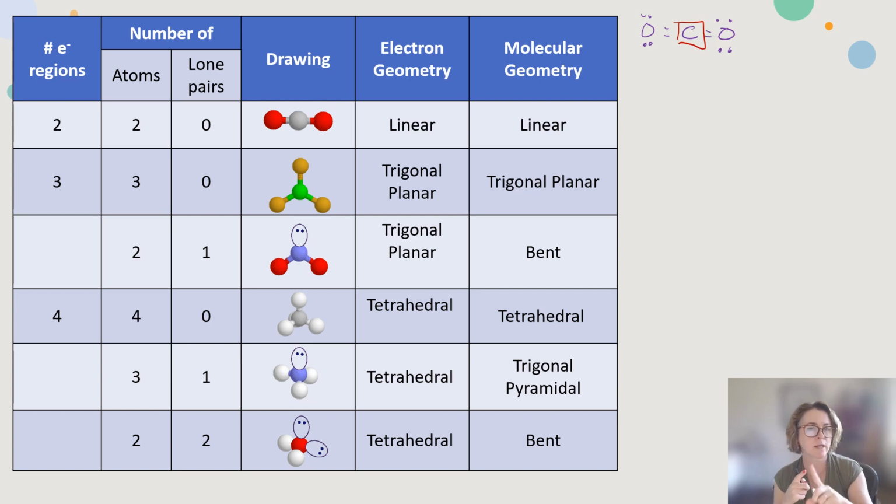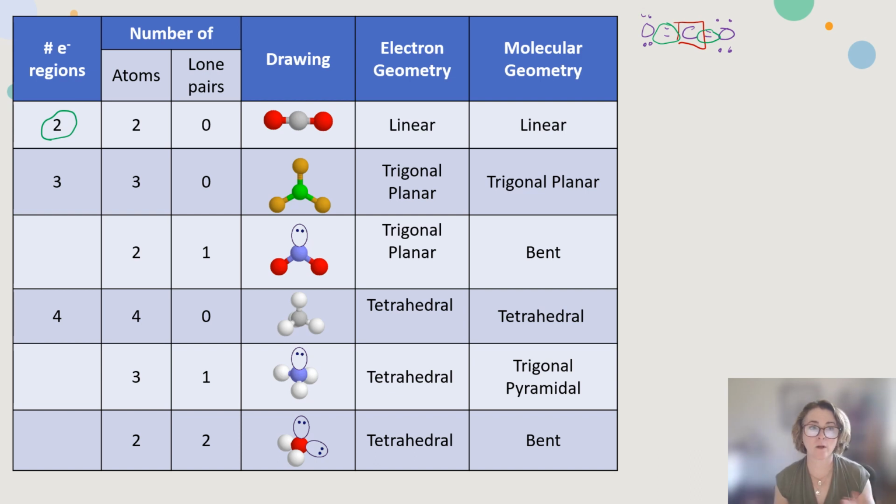And again, I'm looking at the regions around that central atom. So for carbon, I have a double bond on each side of the carbon. Remember that double bonds each count as one region. So since I have two double bonds, I have two regions around that carbon. So for carbon dioxide, I have two electron regions.